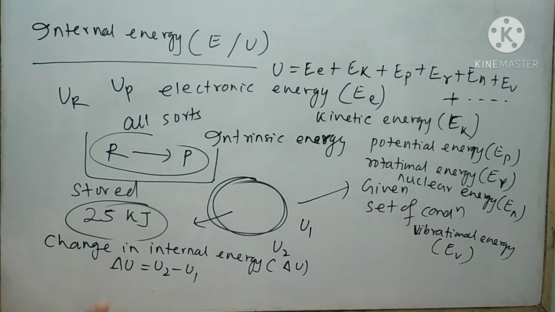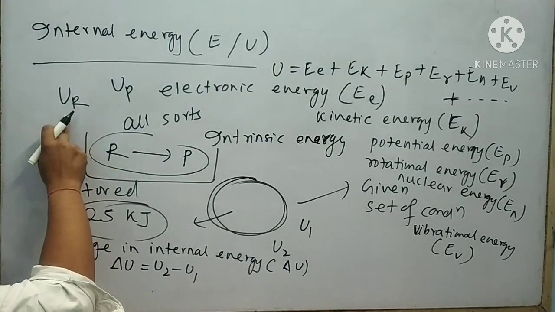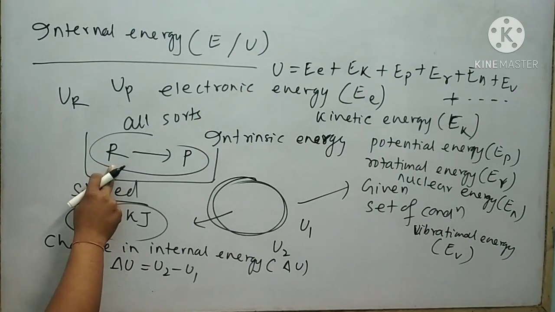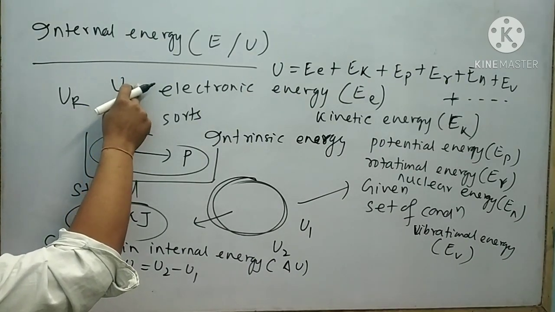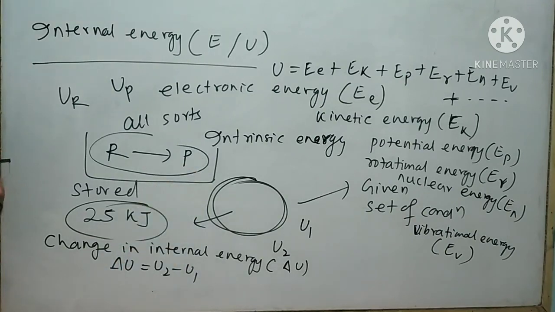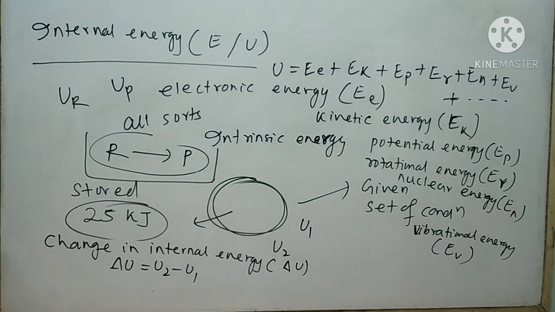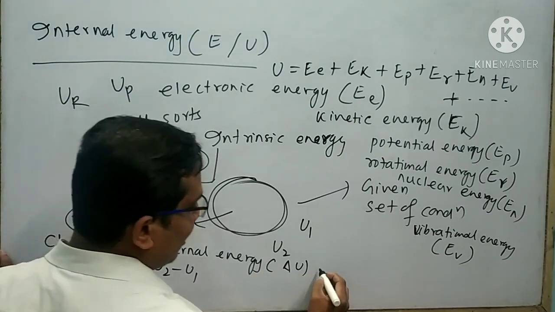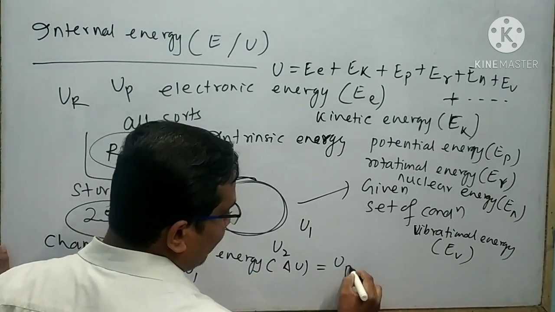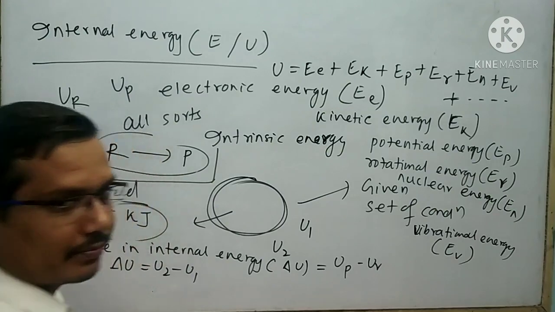Here UR is the internal energy at the initial state, and UP is the internal energy at the final state. UR corresponds to the internal energy of the reactant, and UP corresponds to the internal energy of the product. In this case, we can write the change in internal energy del U equal to UP minus UR.